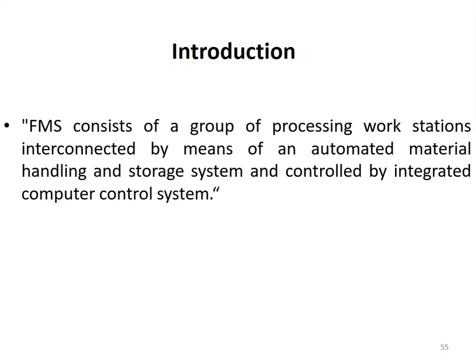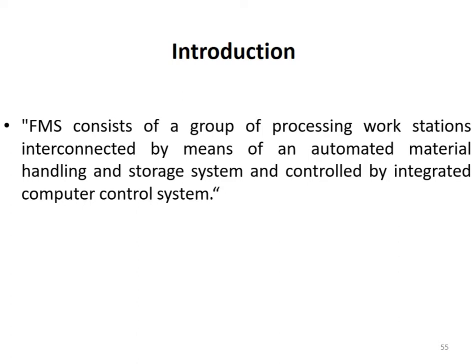So FMS is nothing but a group of processing workstations which are interconnected by means of an automated material handling system. Just before, we discussed taking an example of AGV. In the same way, we can have an example of the belt drive also, and we have a storage system for inputting the material to be manufactured, or after completing the manufacturing process, it will be taken and stored in a storage system.